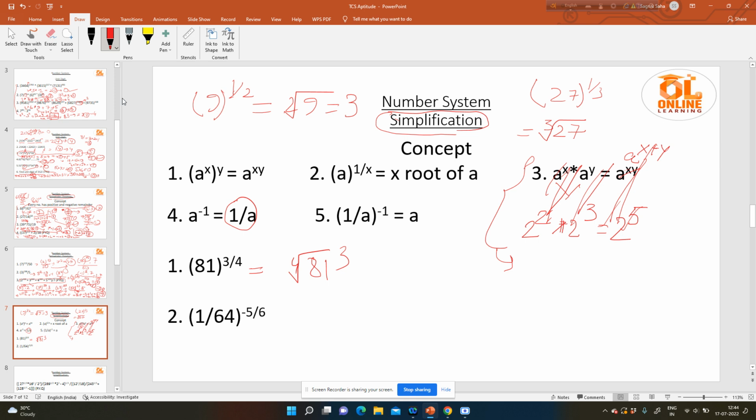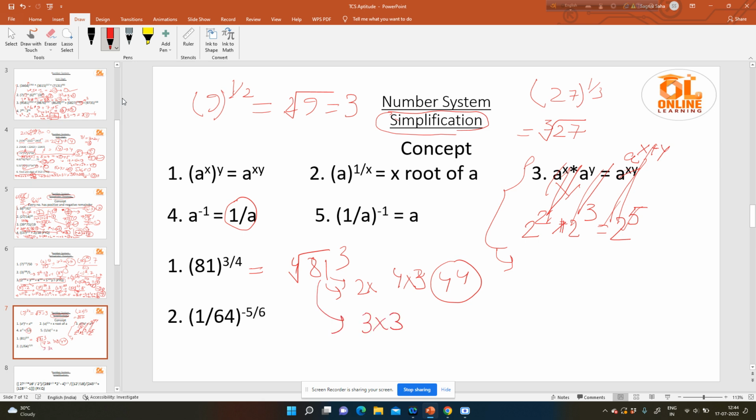You can easily think that a power of 2 will be an even number only, so it is not 2. Even 4 cube is 64, so 4 to the power 4 will be greater than 81. So what number is left? 3. So you can try it by 3.